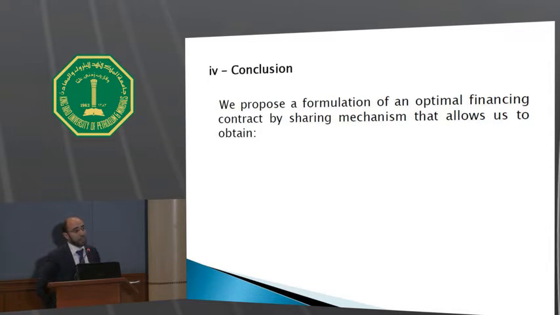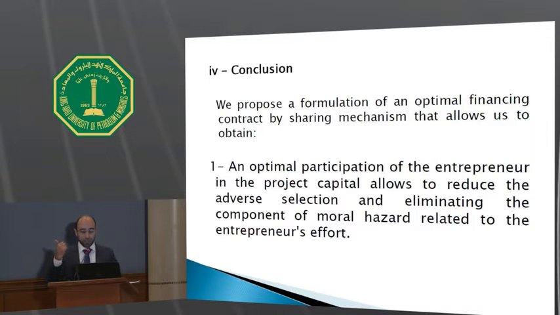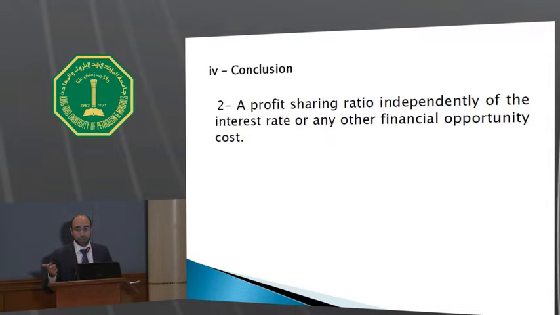So in this paper, I have tried to formulate an optimal sharing contract that allows me to obtain an optimal participation of the entrepreneur in the project capital, and a profit sharing ratio independent of interest rate and any other financial opportunity cost.